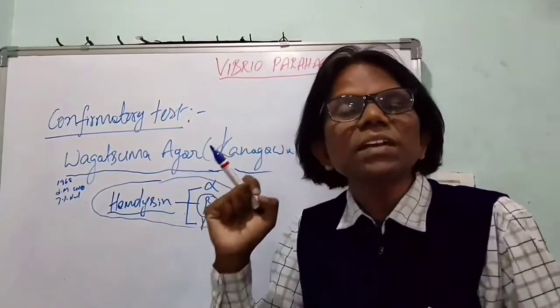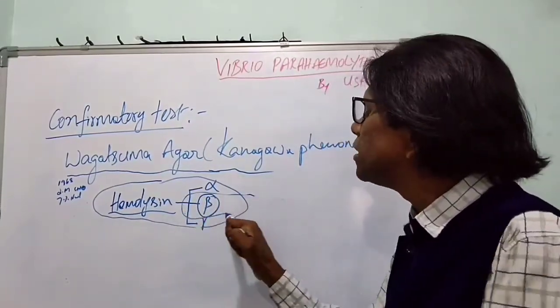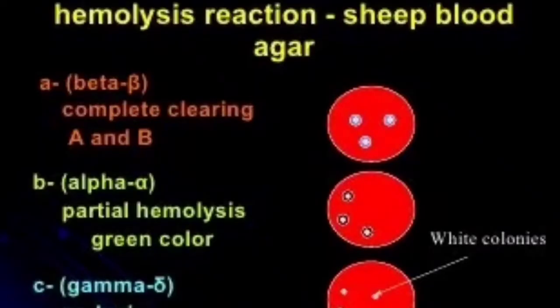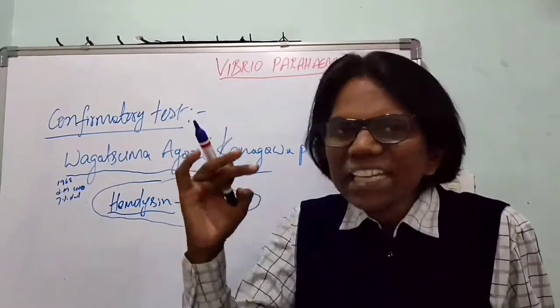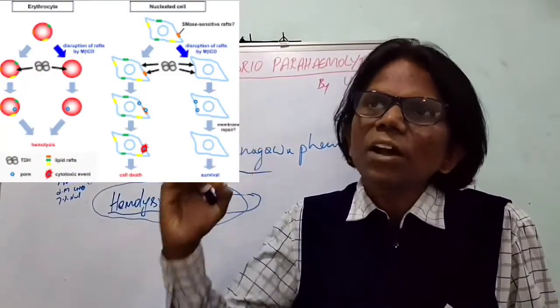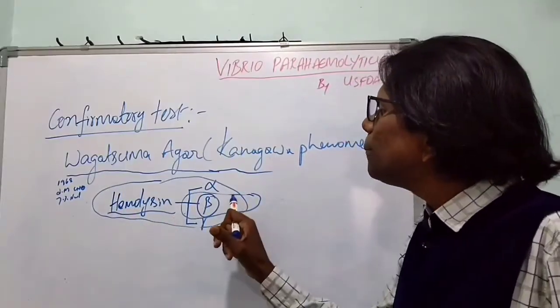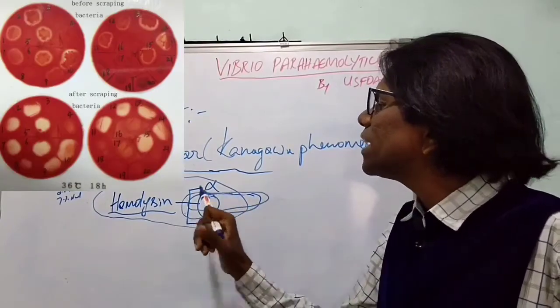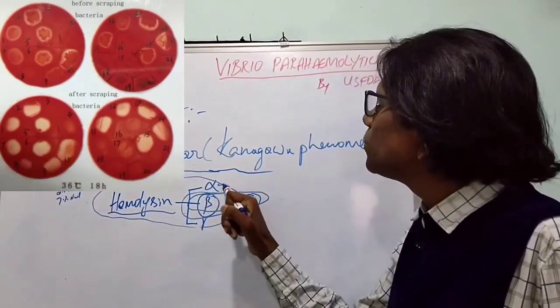Vibrio parahaemolyticus will exhibit beta hemolysis, meaning colorless, complete lysis. Lysis means rupturing or killing of the cell. Hemo means blood; hemolysis means killing of RBC. Complete hemolysis is called beta hemolysis.